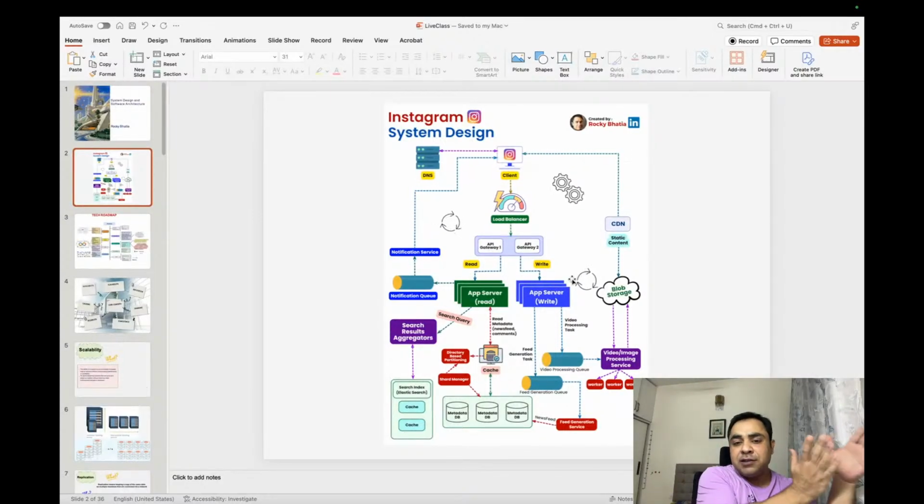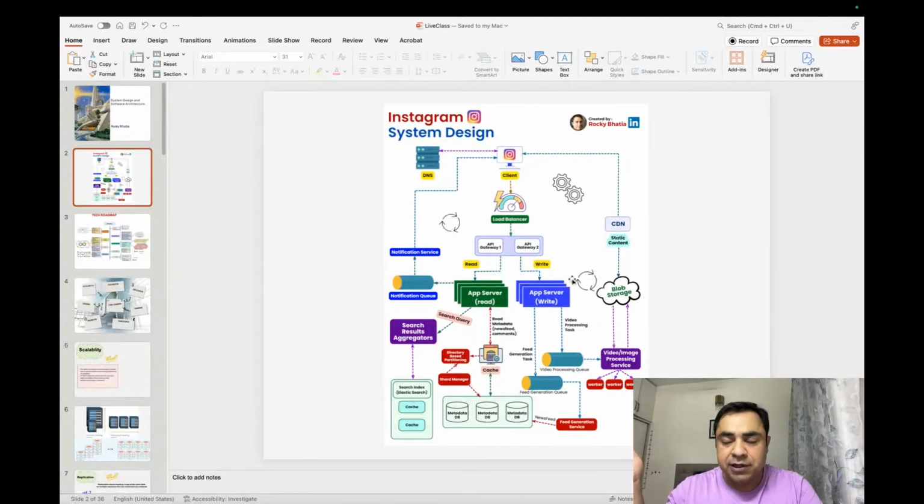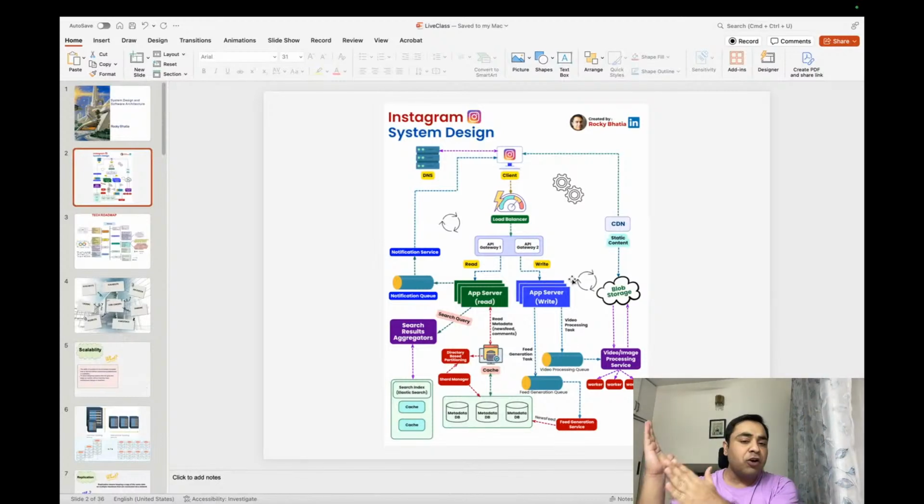Then other factors related to consistency, replication, and security are there. So basically non-functional requirements are also there. Whenever we go for a system design, we have functional and non-functional requirements, and then there are certain components which would be required to design a system.